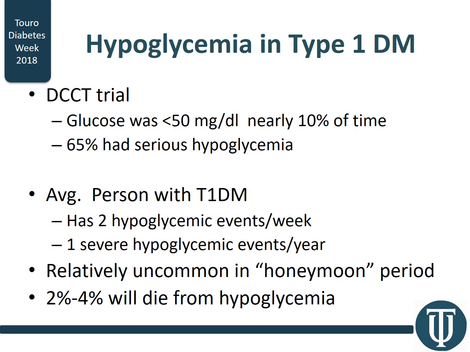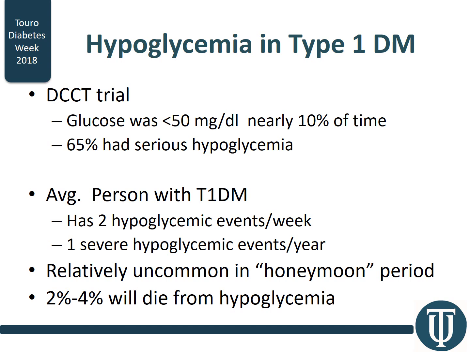In the Diabetes Control and Complications Trial, a very large study of type 1 diabetes, they found that those people who were intensively treated with insulin were low, with a glucose less than 50, nearly 10% of the time, and 65% of the patients in that trial had severe hypoglycemia.